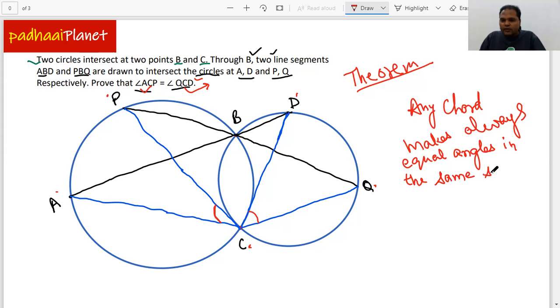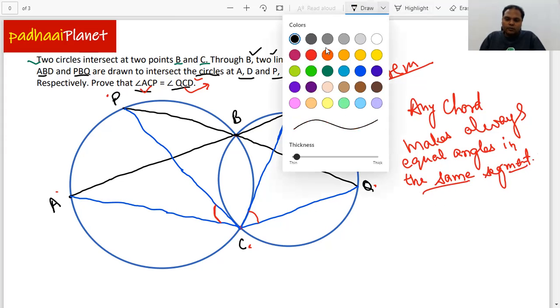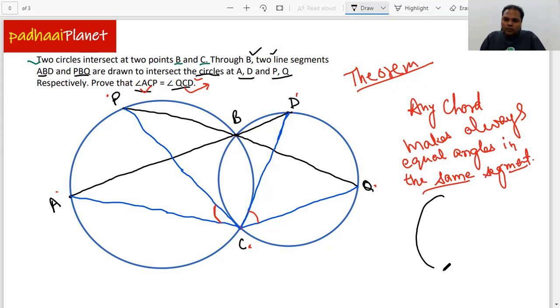Now we need to understand what this theorem means. This is already solved in the books, and I'm just going to revise it for you. We'll quickly take a circle here, and suppose this is a circle. And this is the chord, say PQ here.